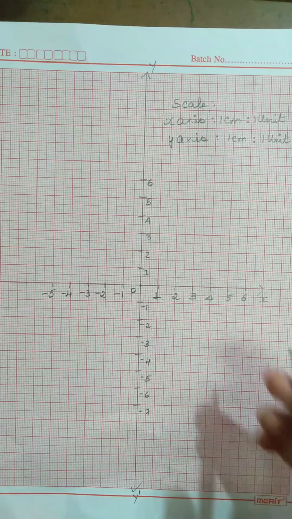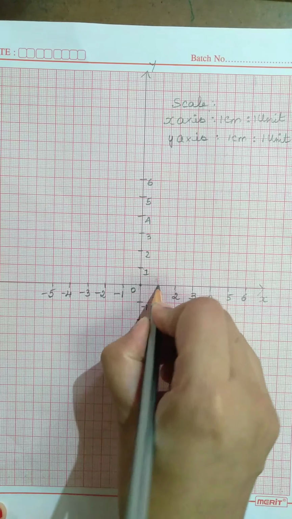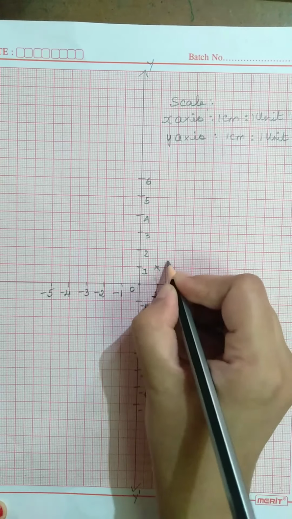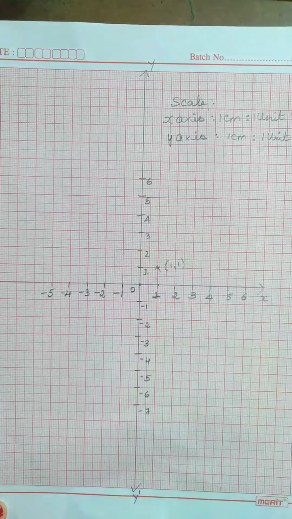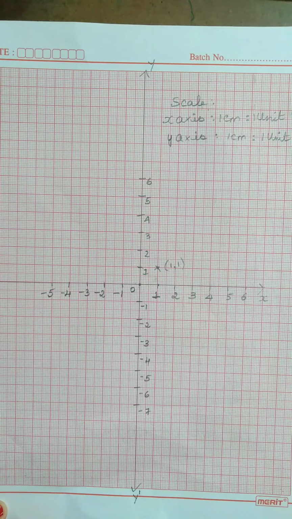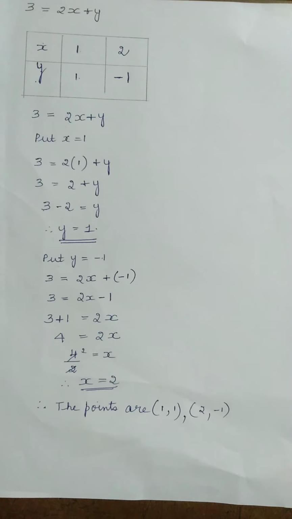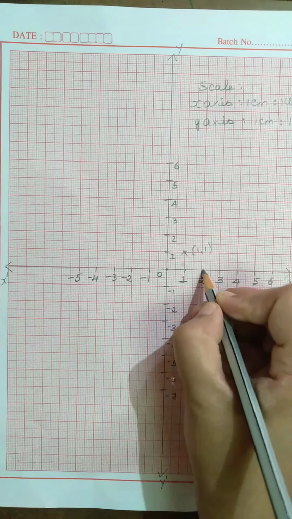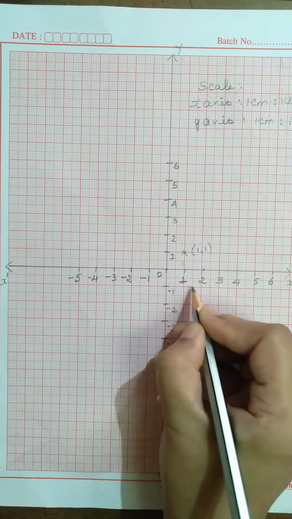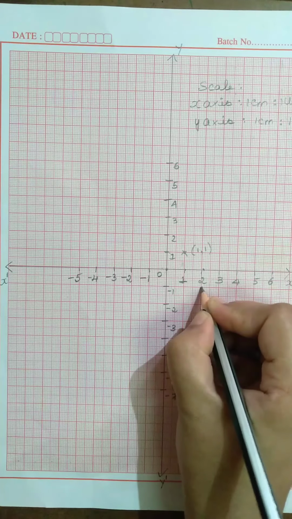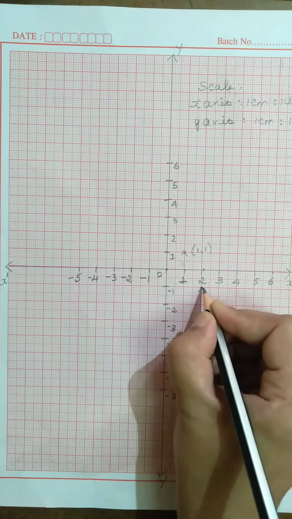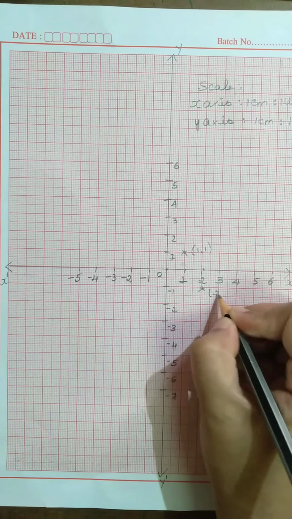We have x = 1 here and y = 1 here, so this is the point (1, 1). The next point is (2, −1). In the x-axis we have 2 here and −1 is here, so the point is here.